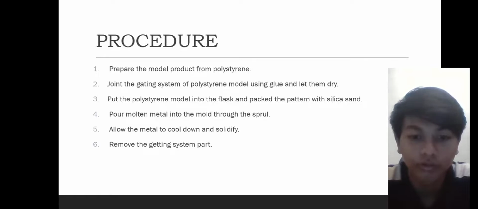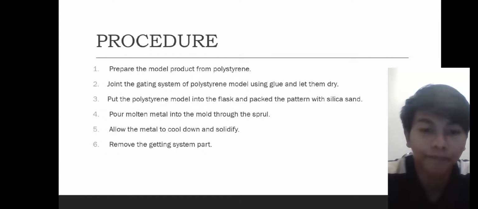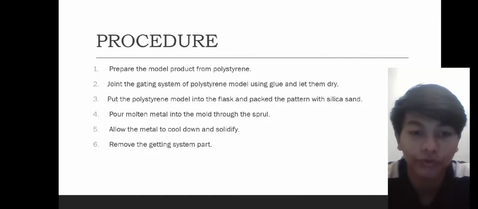Next, we have to pour molten metal into the mold through the sprue. Fifth, we have to allow the metal to cool down and solidify. Lastly, we have to remove the gating system part to get our product.